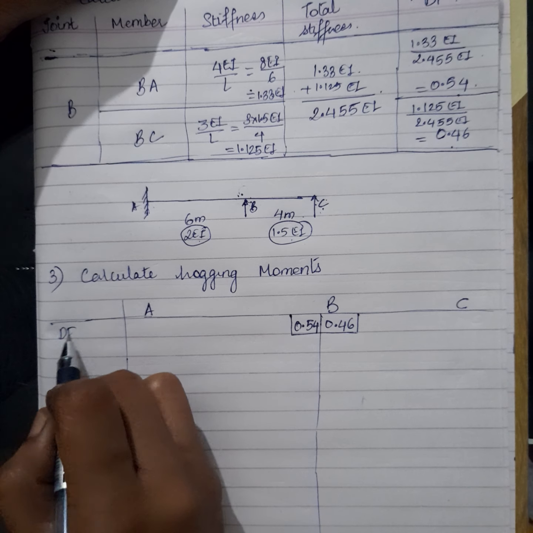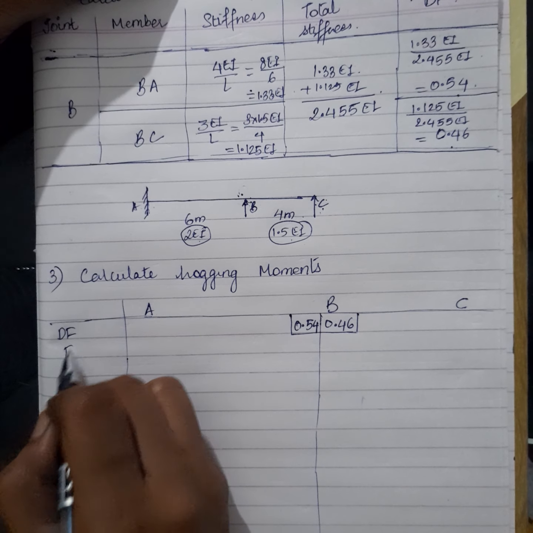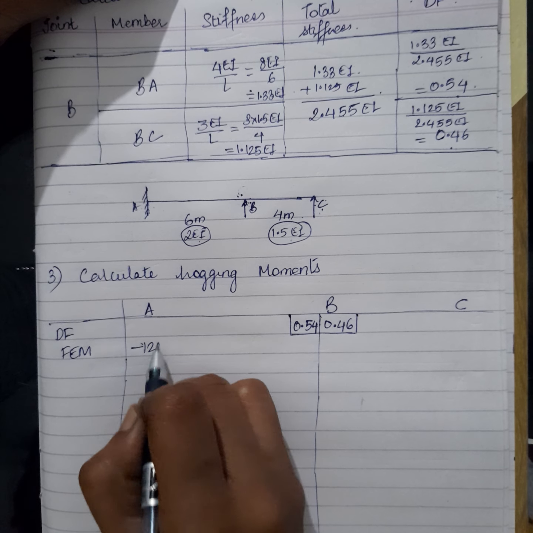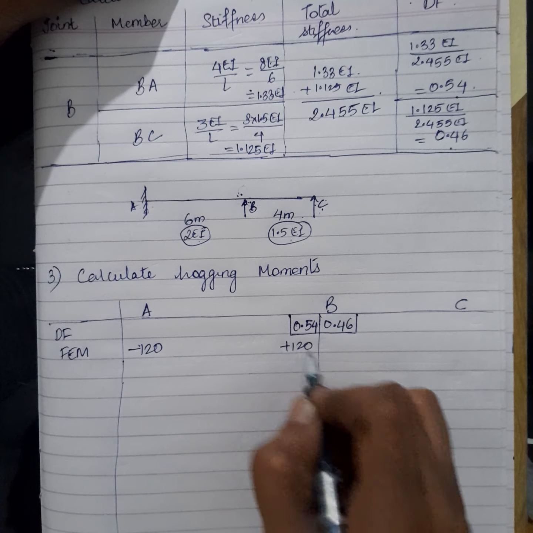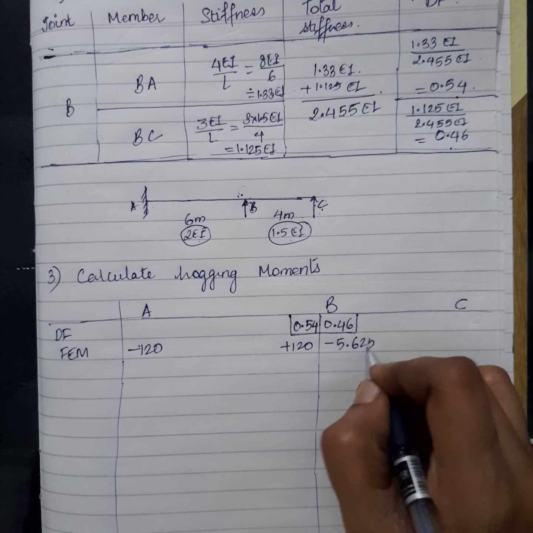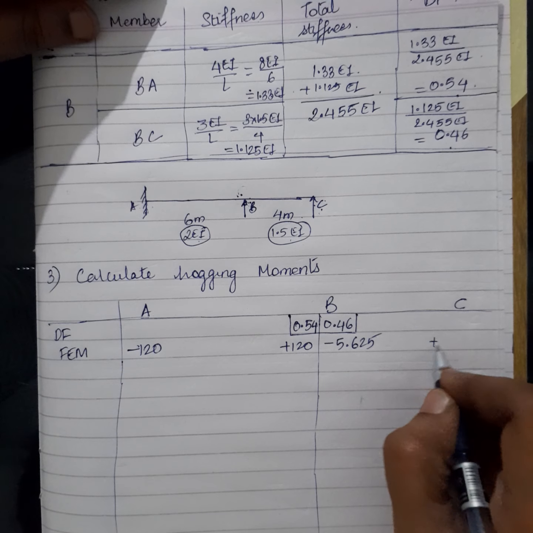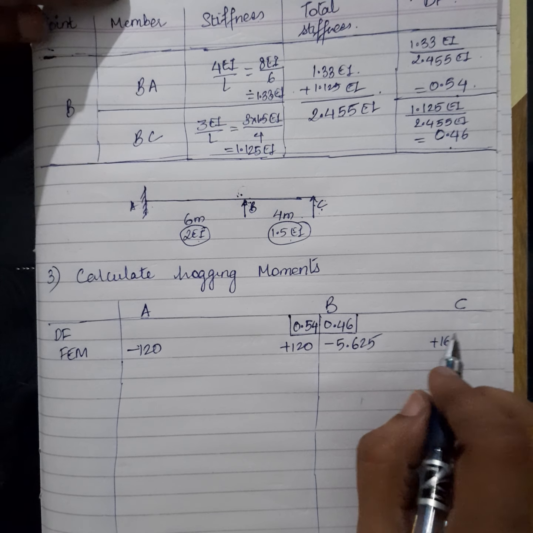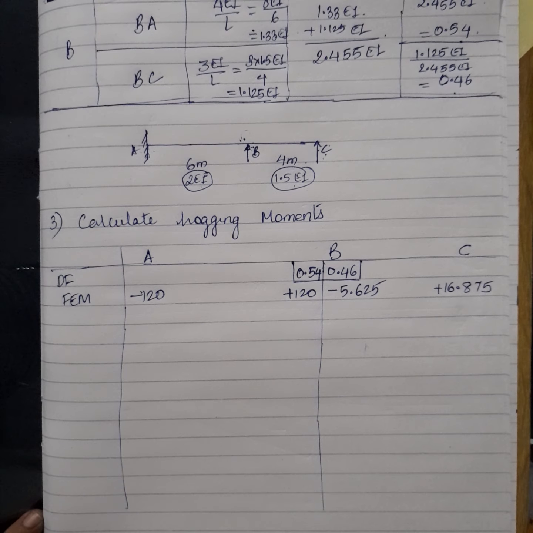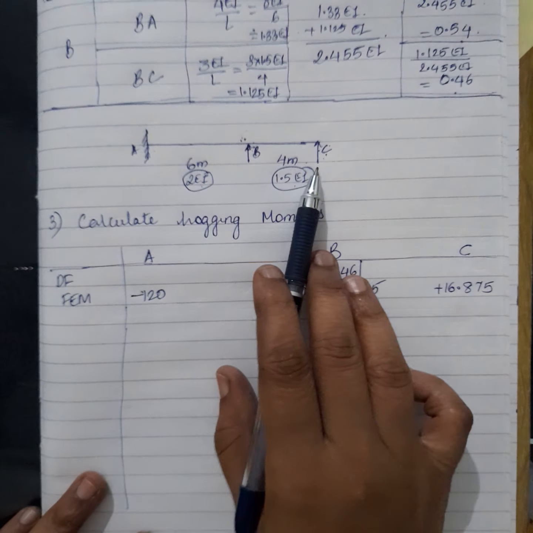This is the distribution factor. Second is fixed end moments. So from step 1, fixed end moments are minus 120, plus 120, minus 5.625 and positive 16.875. Now look at this span.